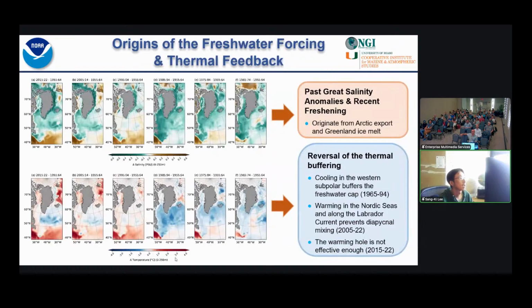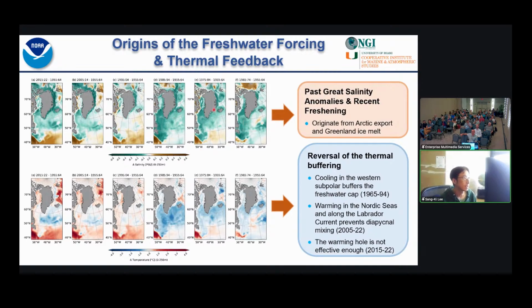Okay, all right, so this plot shows the upper ocean salinity and the upper ocean temperature anomalies, with time going from right to left. And you can see the Great Salinity Anomaly during this period, occupying this region of the western subpolar North Atlantic.